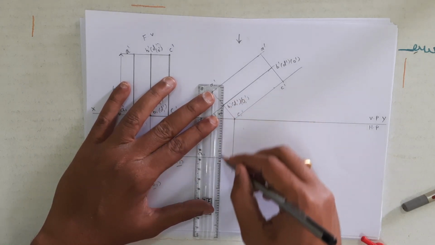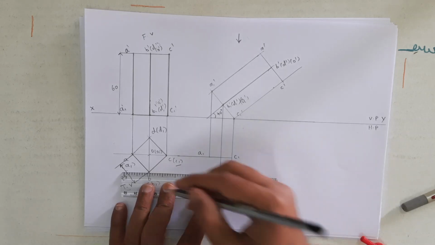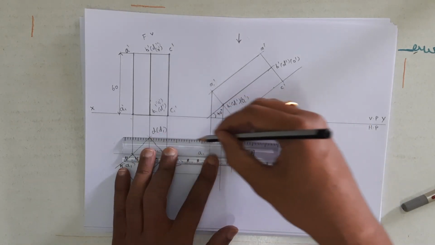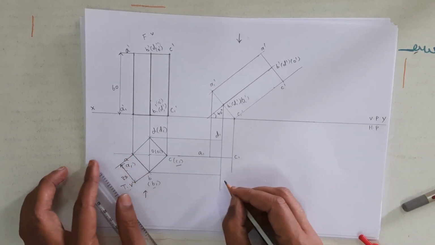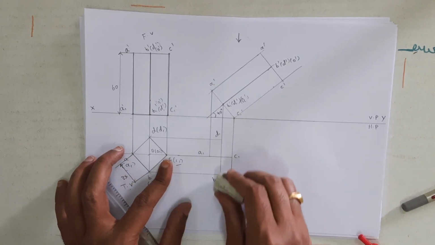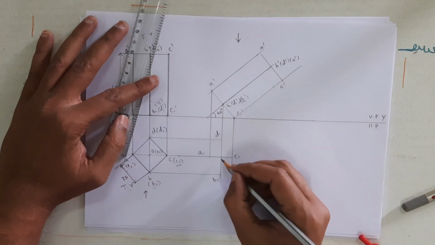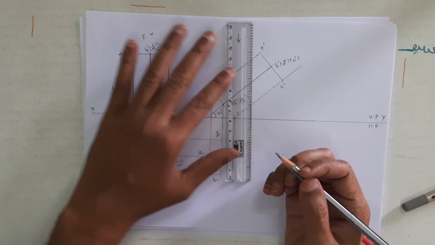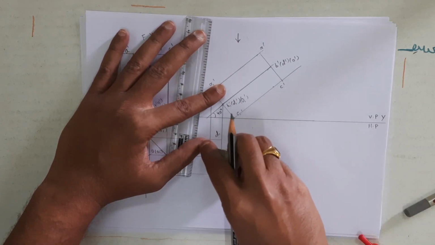Draw the vertical projection from B1 dash and D dash, and from here, and do the naming. So this one is D1 and this one is B1, and any extra line please erase it. Next, in the same way I am going to locate the center. What is the center? O1 dash. So here, not dash, it is only O1.